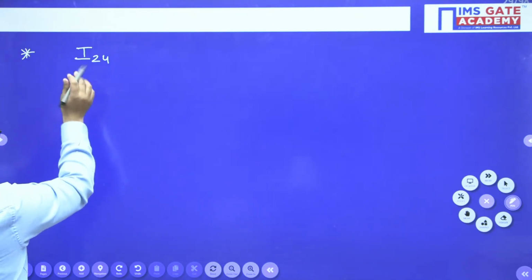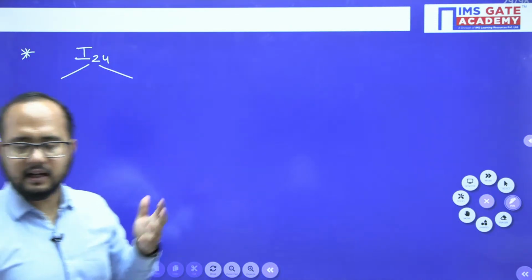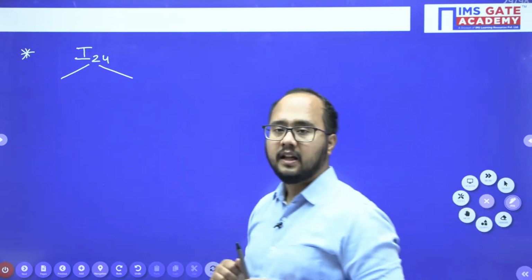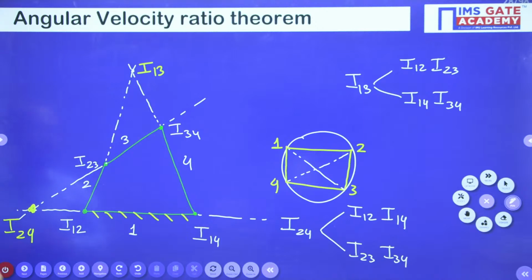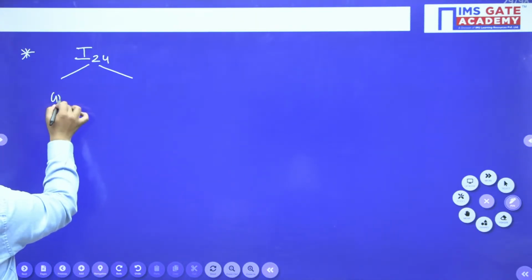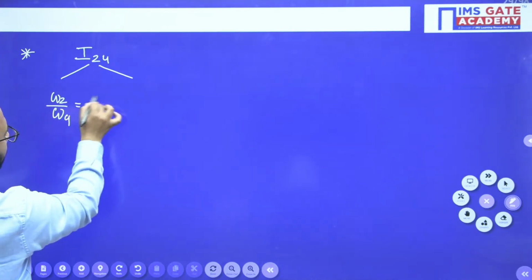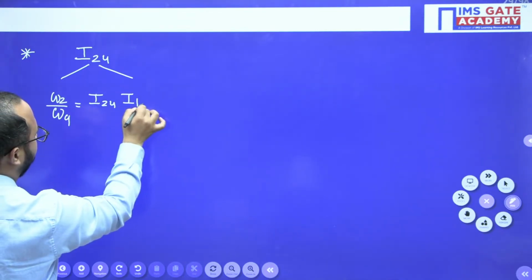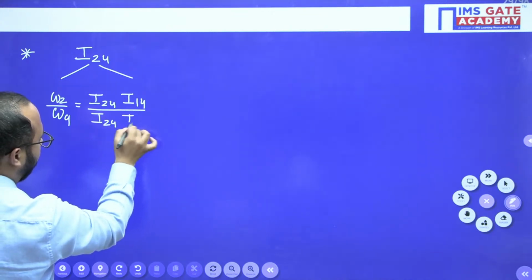See, I24 is there, I can consider I24 as the eye center for link 2 also, for link 4 also, right? Now how will you apply this angular velocity ratio theorem? You will write like this: omega 2 by omega 4 equals I24 I14 by I24 I12.